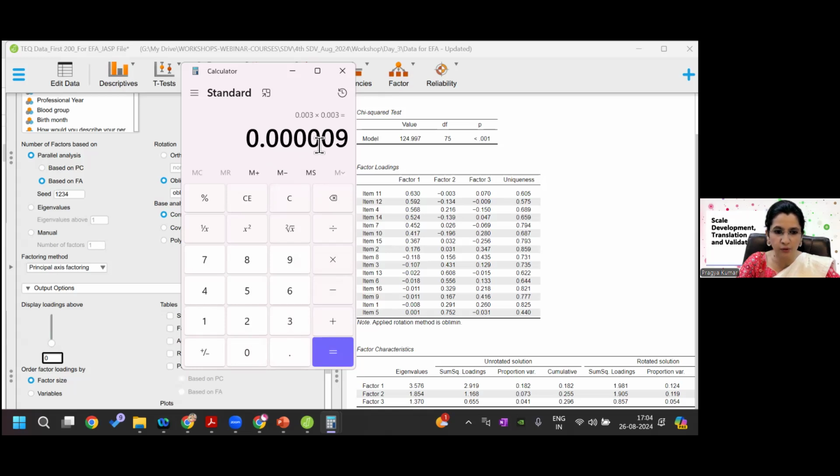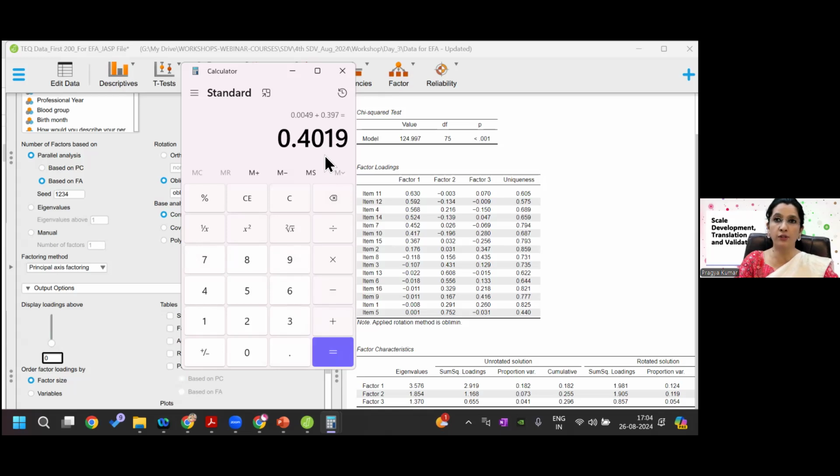It will be 0.0, so we can call it 0. And next is 0.07 multiplied by 0.07. So that is 0.0049. So 0.0049 plus 0.0 plus 0.397, the value will be 0.40.